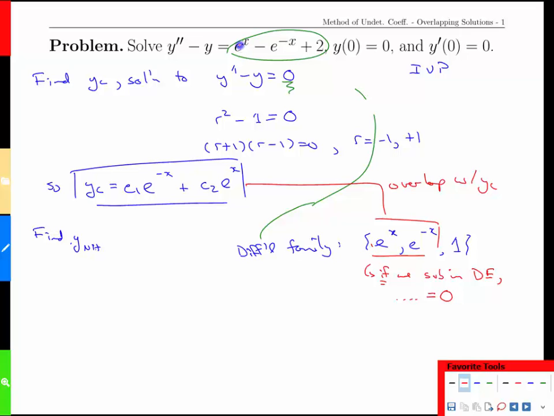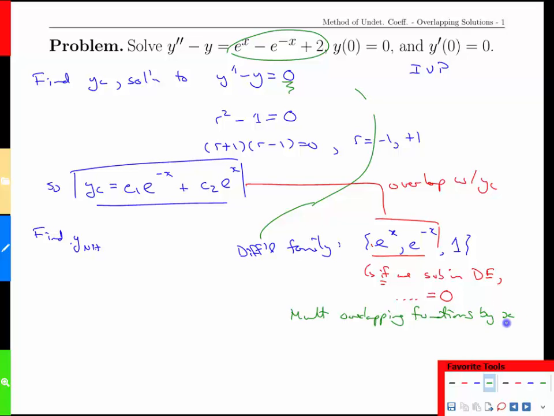Well, fortunately, that might seem like a showstopper, but we have seen exactly the same problem before. What we need to do is multiply any overlapping functions by, well, what happened when we had repeated roots and had the same exponential twice? We multiplied one of them by x.